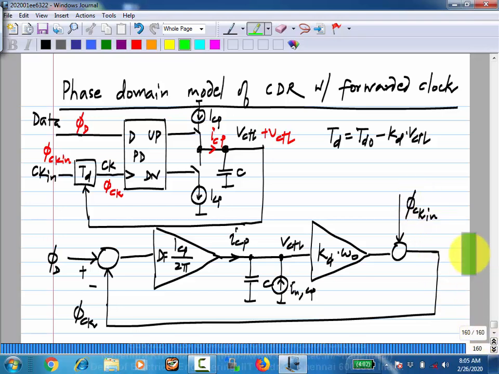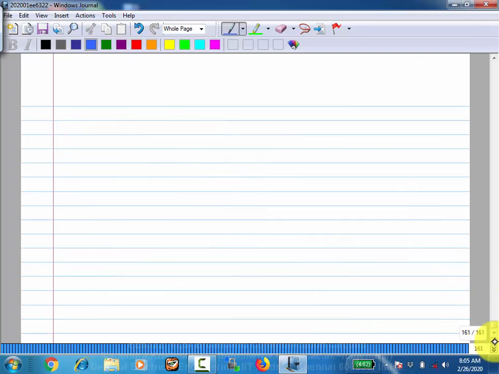Basically, what is the output here? You can consider the phase of the recovered clock, this is the recovered clock, right? Okay, Ck is the recovered clock. So the phase of the recovered clock is the output.